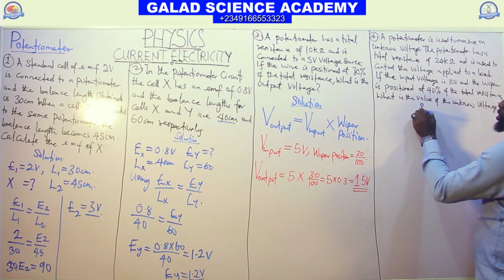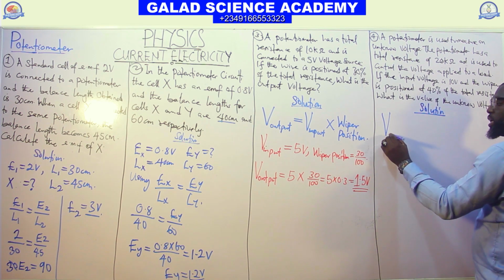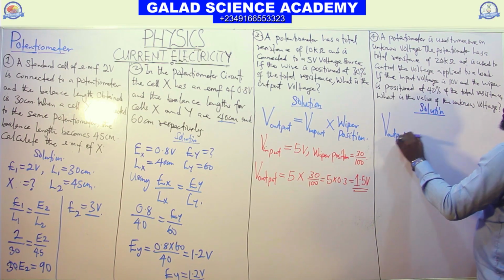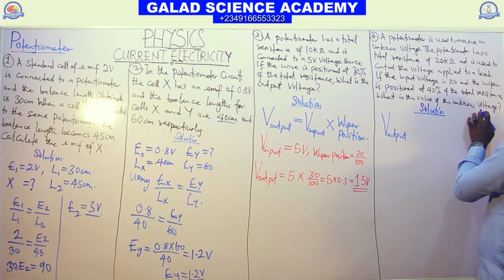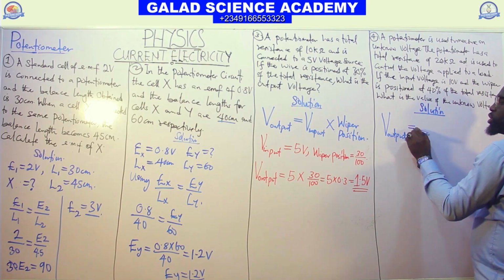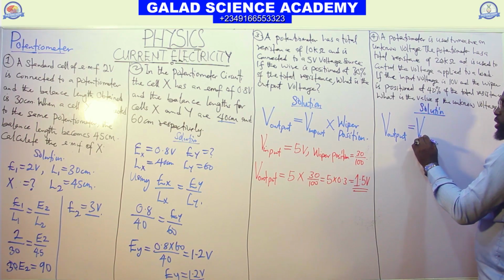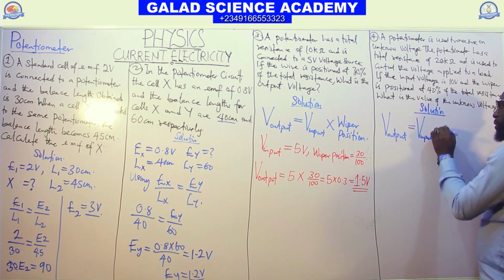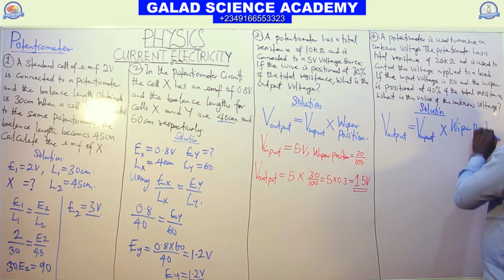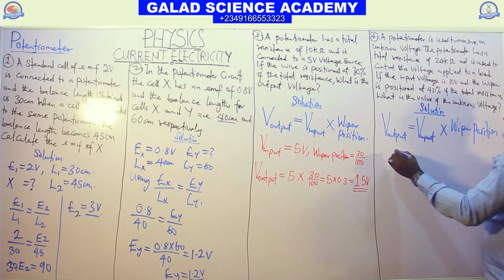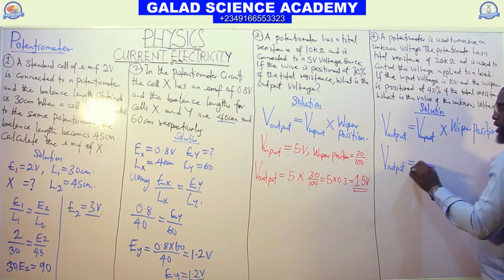So using the solution, using output, we have to find the unknown voltage. The unknown voltage is also called the voltage output, equal to the voltage total, which is the input, multiplied by the wiper position. What is the input voltage?